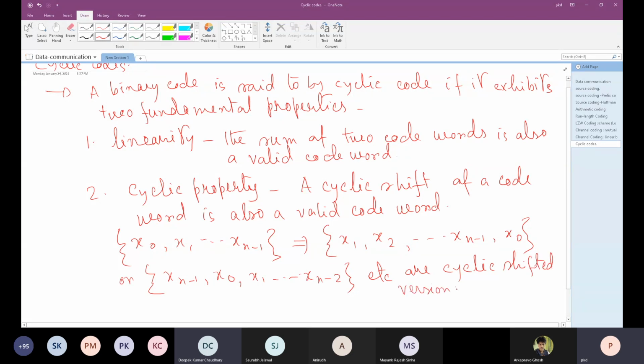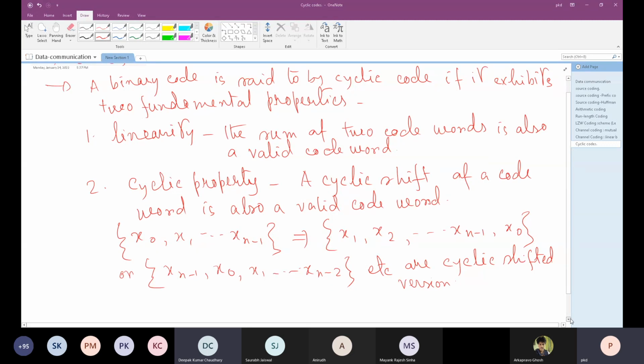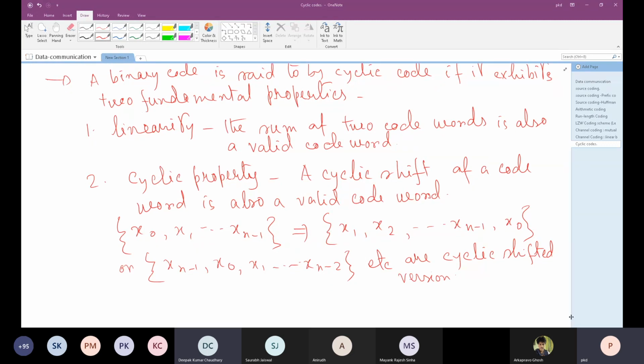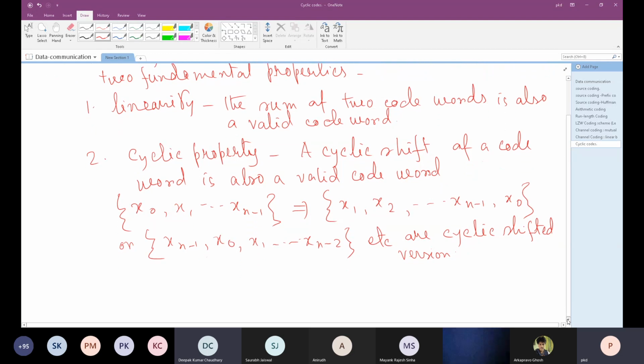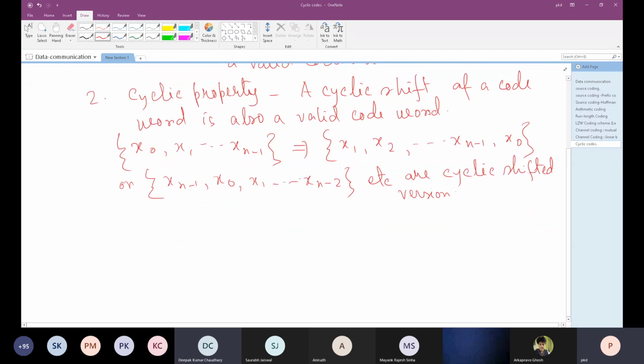So cyclic codes means that these are also in the set of code words.